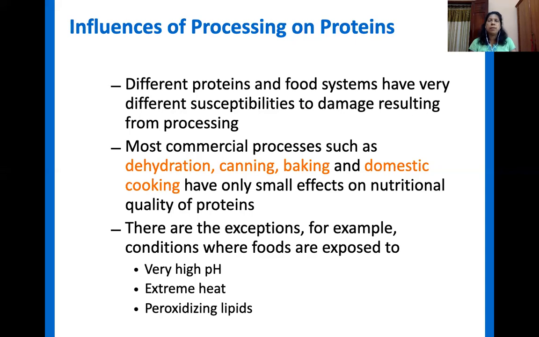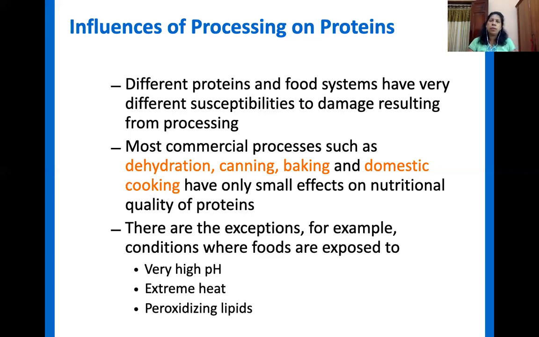Different proteins and food systems have very different susceptibilities to damage resulting from processing. Both desirable and undesirable activities occur during processing. In most commercial processes such as dehydration, canning, baking, and domestic cooking, there is only a small effect on the nutritional quality of the protein, right?